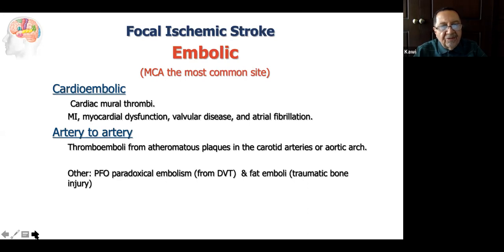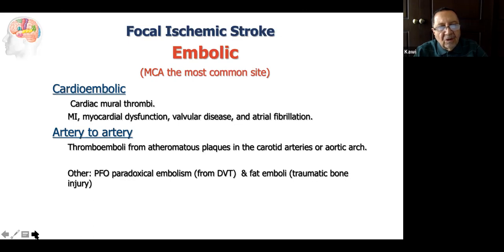There are other forms of emboli, such as what happens with patent foramen ovale. Foramen ovale is a hole in the atrial membrane, and it allows blood clots that may come from the periphery, from a blood clot in the veins of the leg, entering venous circulation.